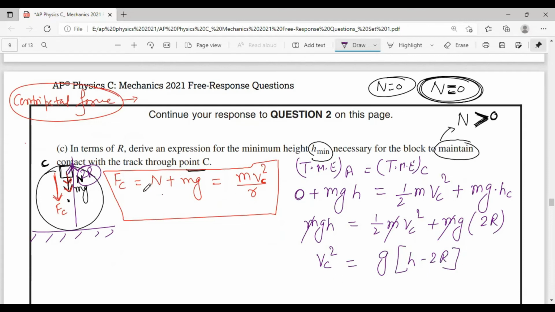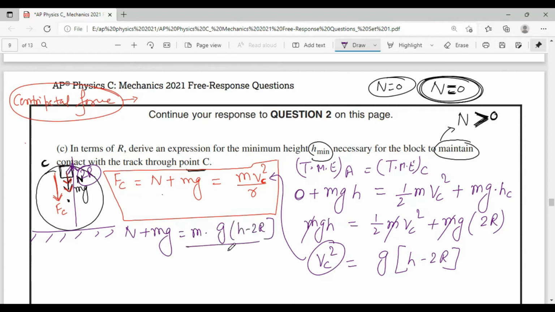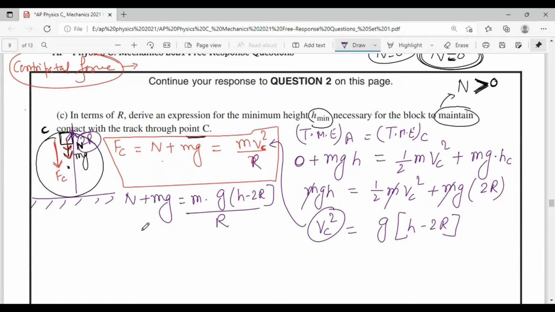So in this, we will put the value of vc square in this expression. So what we will get? We will get N plus mg should be equal to m vc square, that is g into h minus 2r, upon R, right? That should be the capital R. Okay, friends. So we have to calculate the h minimum, right?